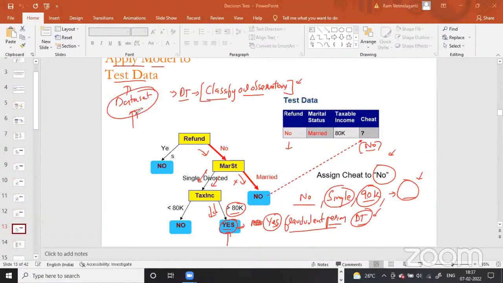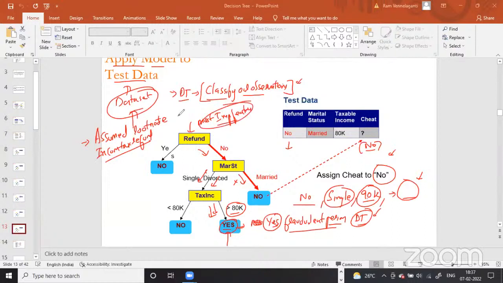Now, the fundamental question is: we have assumed our root node as income tax refund. This is what we have assumed, the most important feature. But we have to find this out statistically.